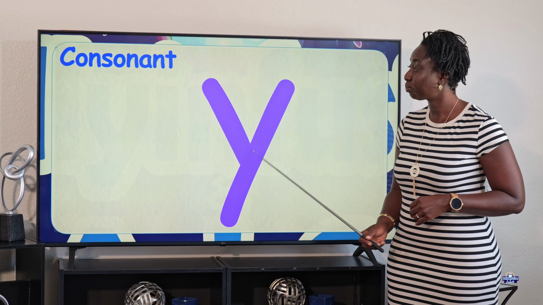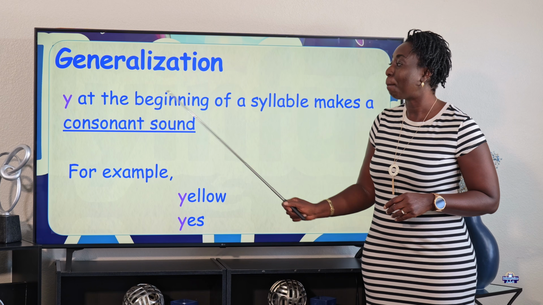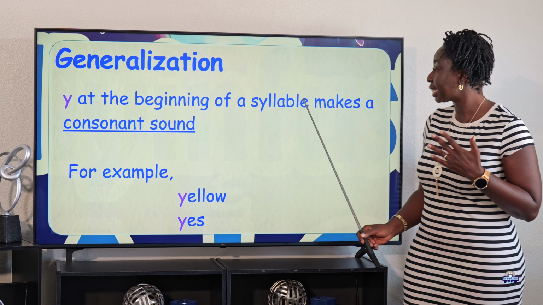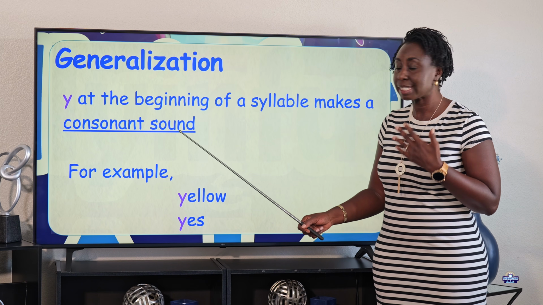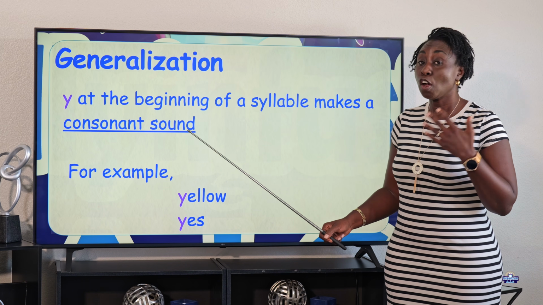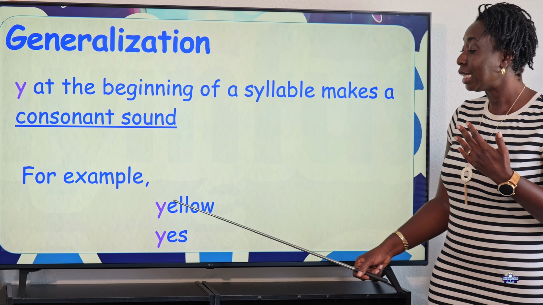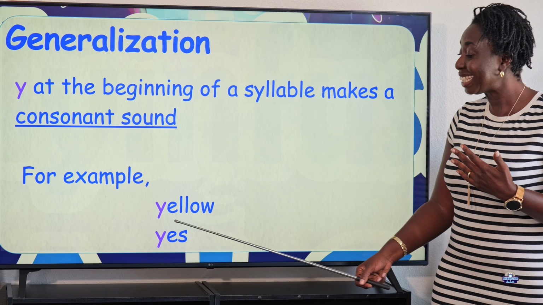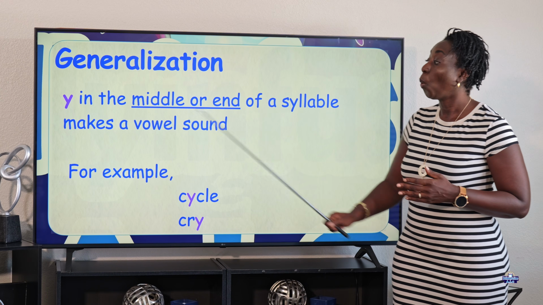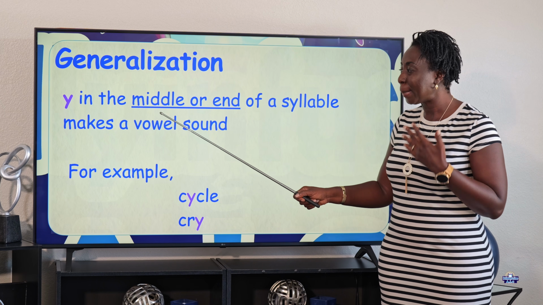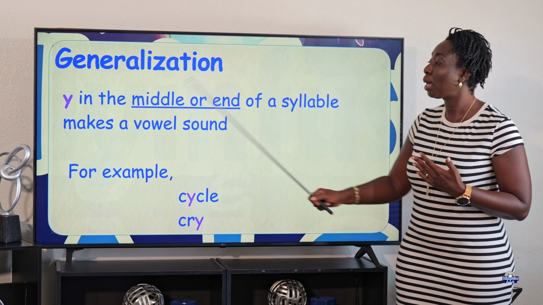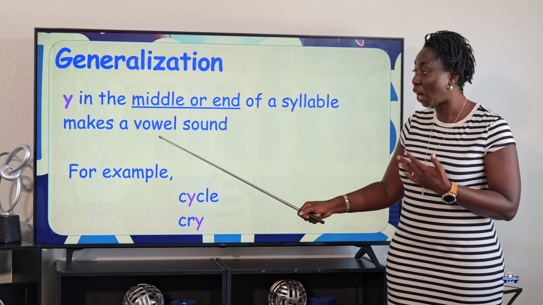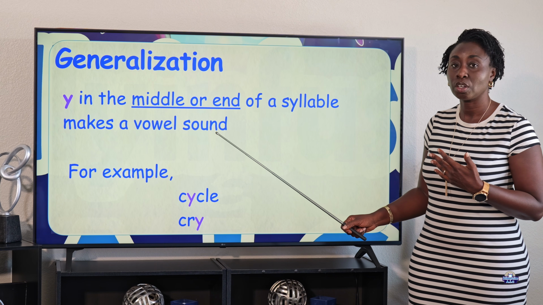Y. Y at the beginning of a syllable makes a consonant sound. For example, yellow, yes.